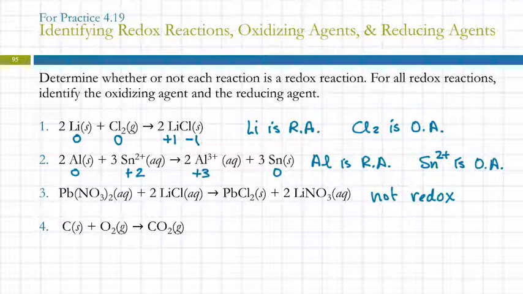Well, what's the oxidation state for carbon? 0. And for O2? 0. So that's a molecule, but the two atoms in the molecule are identical. What does oxygen like to be? Likes to be -2. But if we've got two identical oxygen atoms in this molecule, they both want to be -2.